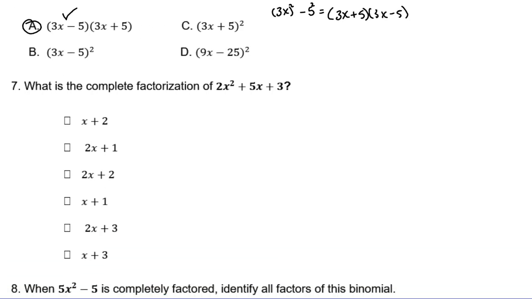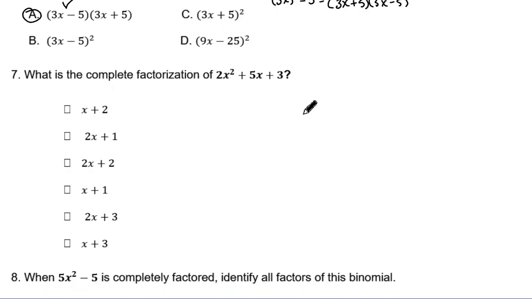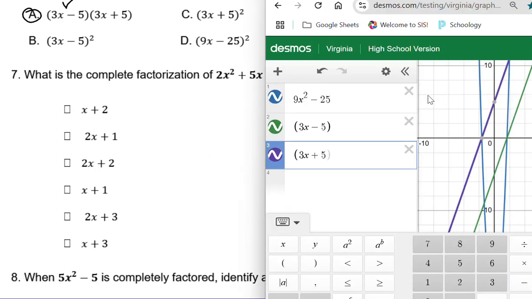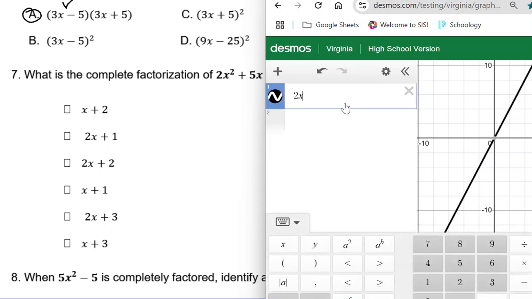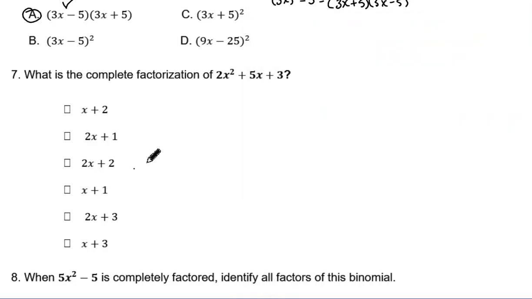Okay. All right, so here is what is the complete factorization. So we have to pick all the factors here. Yeah, let's go ahead and do this part in Desmos because this is a harder factoring one because of the 2 in the front. So let's go ahead and plug stuff in. So my original, I have 2x squared plus 5x plus 3.